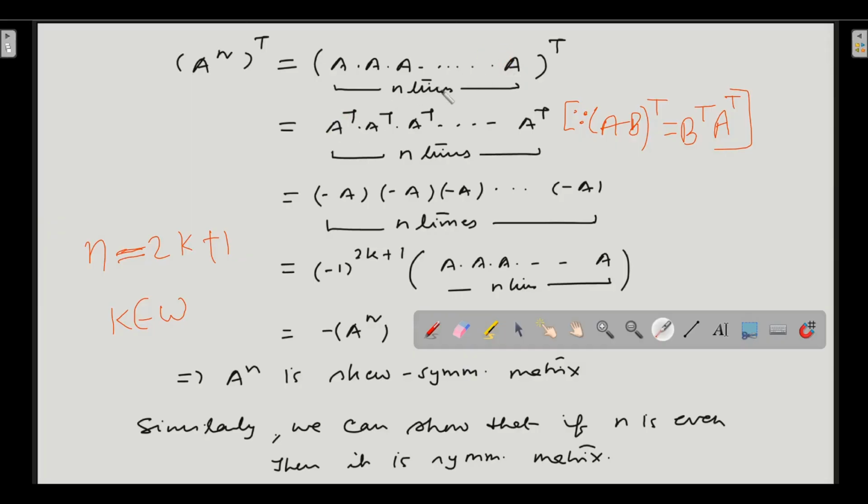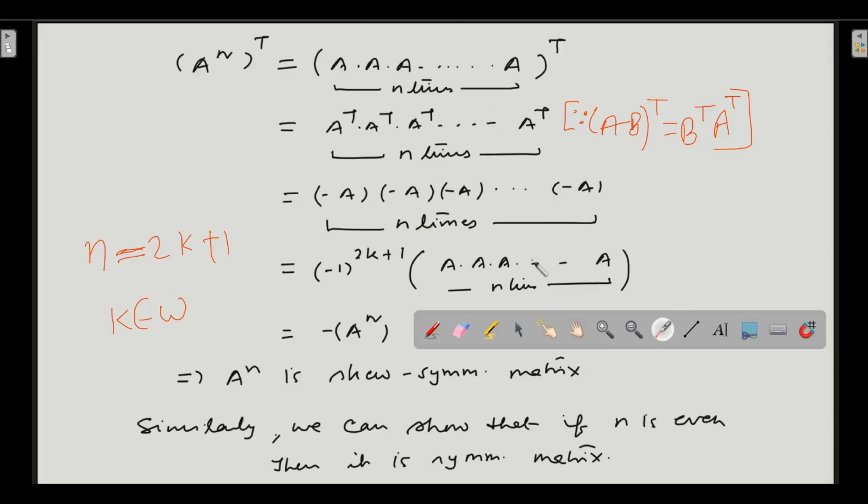The second last A will become A transpose and come next. The third last A will come over here and become A transpose. The very first A will go in the last and become A transpose. The second A will go in the second last and become A transpose. The third A will go in the third last and become A transpose.